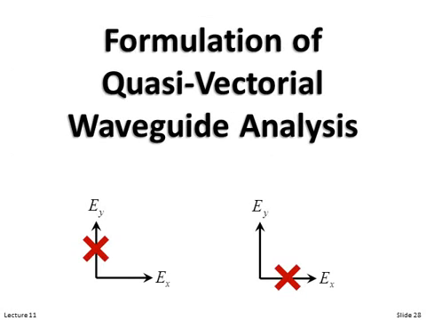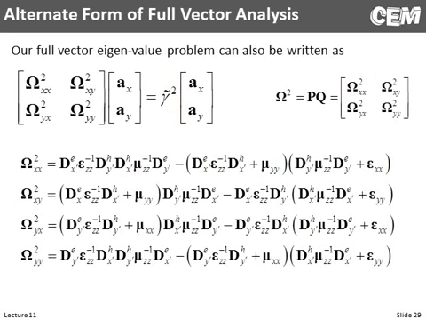So with the lesson that it is a good approximation to cancel some of the field components, how does this reduce our matrix equations? How much speed improvement do we get? What difference in the answers are there? So let's go back to our original eigenvalue problem where we had an omega squared, and I've repeated that here.